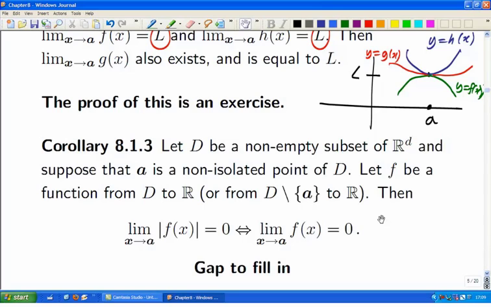So if the functions tend to 0, then the modulus of the function values will tend to modulus of 0, which is 0. So one way round is the algebra of limits. The other way round is the sandwich theorem, because the function is sandwiched between minus its modulus and plus its modulus. So if the modulus tends to 0, the function has to tend to 0 as well. But it's sort of pretty obvious anyway.